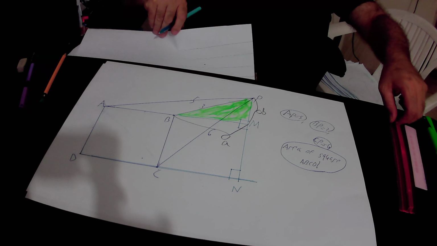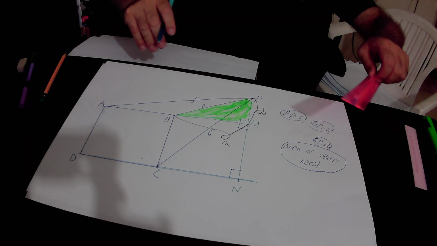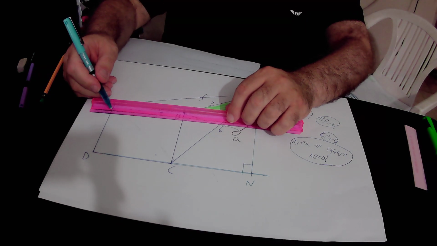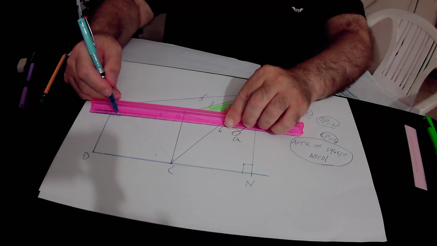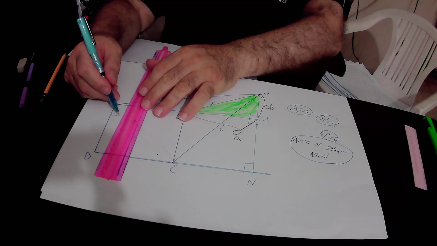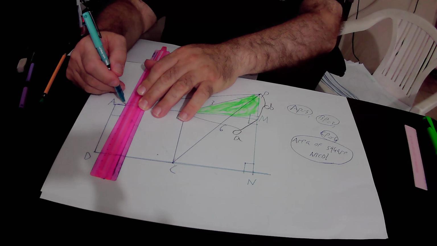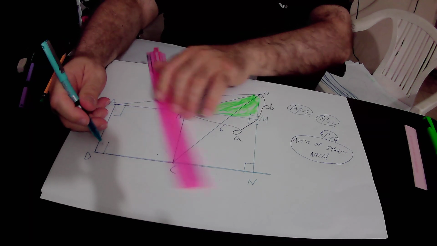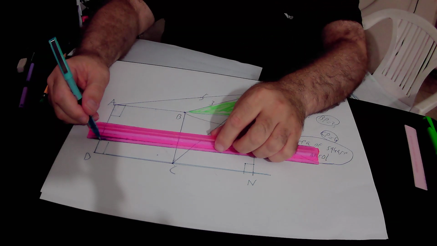We know that all the angles inside a square are equal to 90 degrees, so all the angles inside square ABCD must be equal to 90 degrees. Those angles are all right angles in this square ABCD.